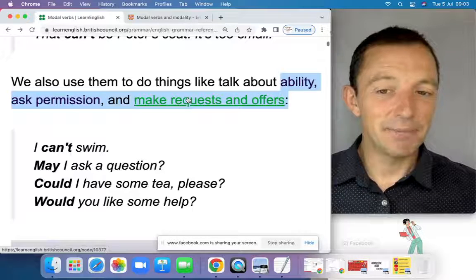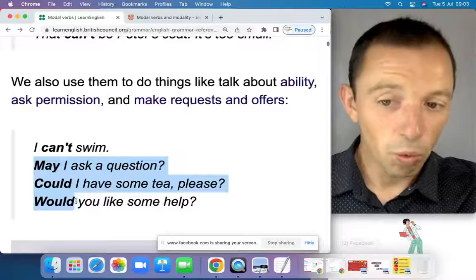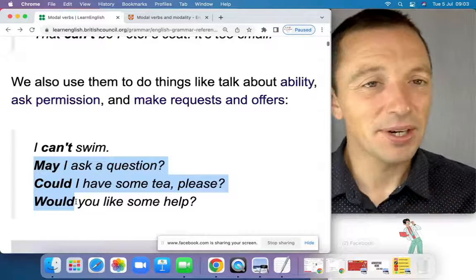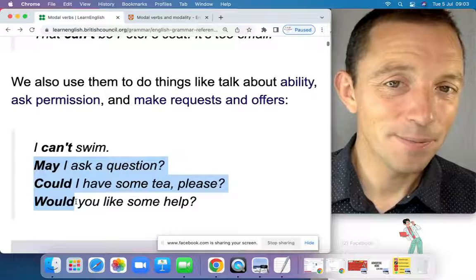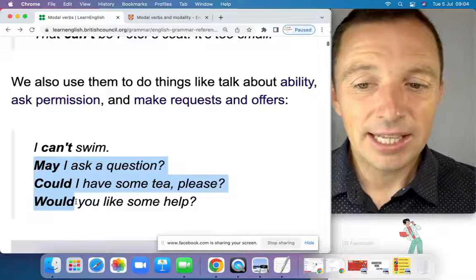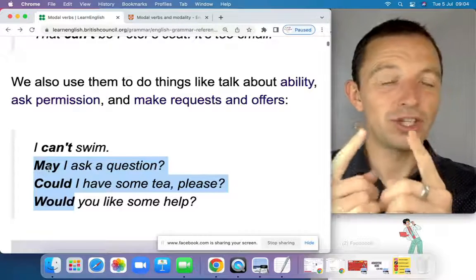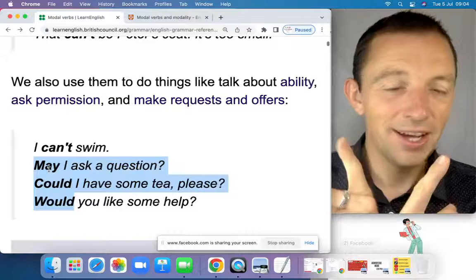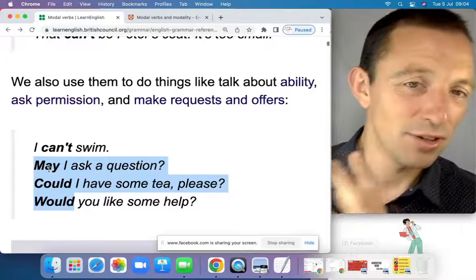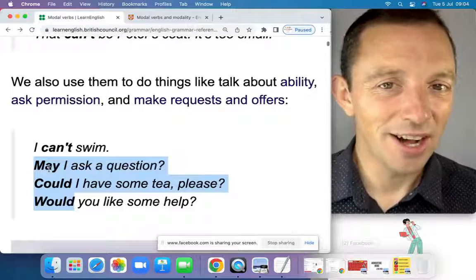So basically the modal verb may or could or would are also typical to make requests and offers in the question form. And I think that's fine because it's the general rule to make a question: you change the position of the verb and the subject. So it's a general rule to make a question, but it's typical for making a request or an offer as well.